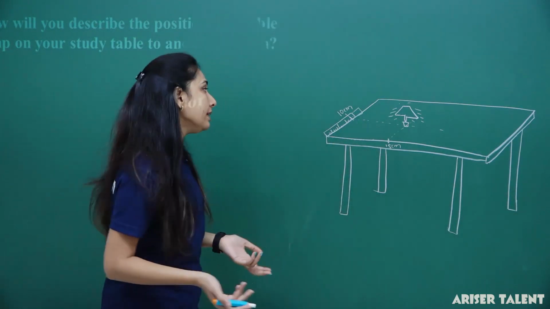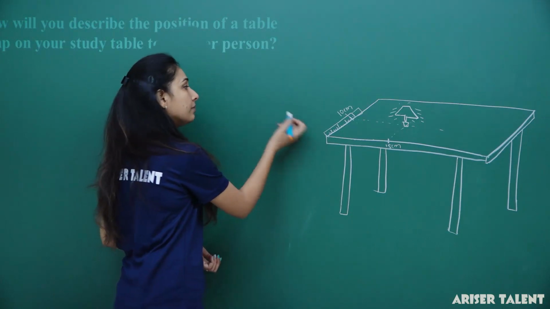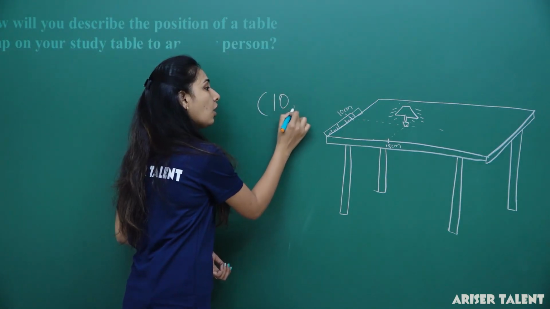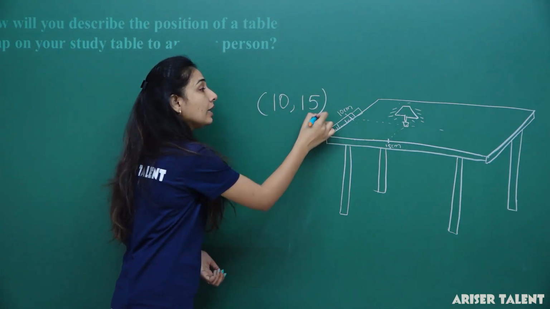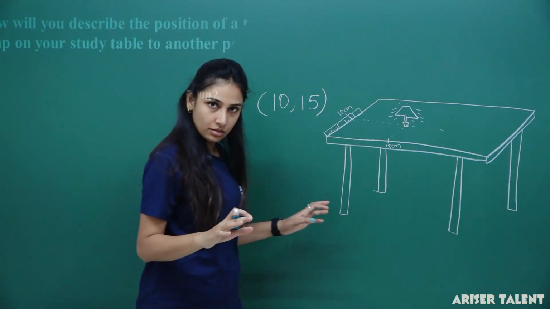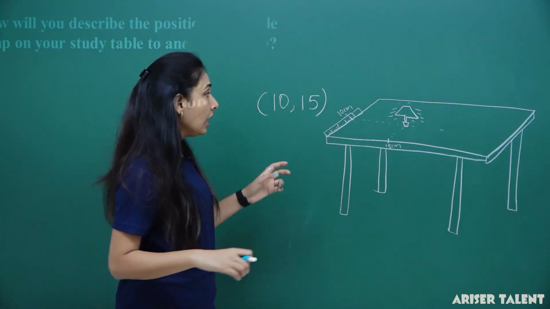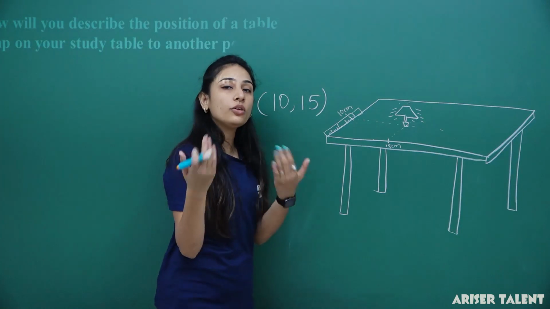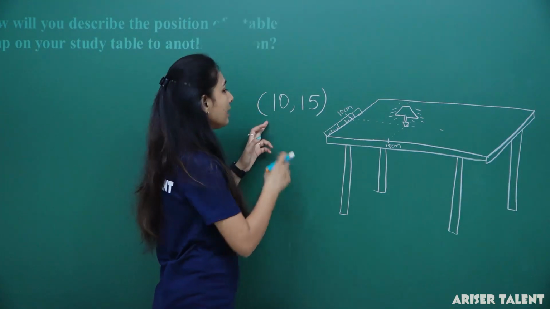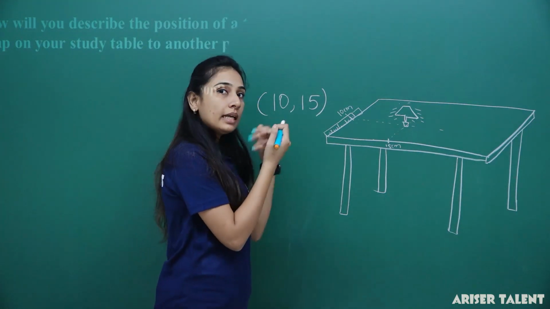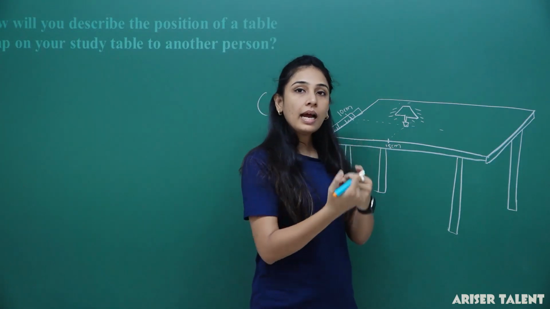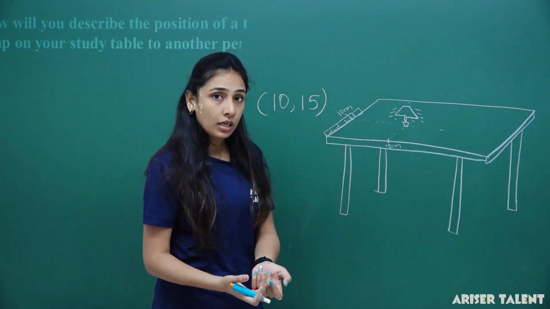Now how will you write it? You will write it like 10, 15, because here there is no axis. It is only giving how you put it there. So you'll tell me, ma'am, 10 centimeters from one edge and 15 centimeters from the second edge.